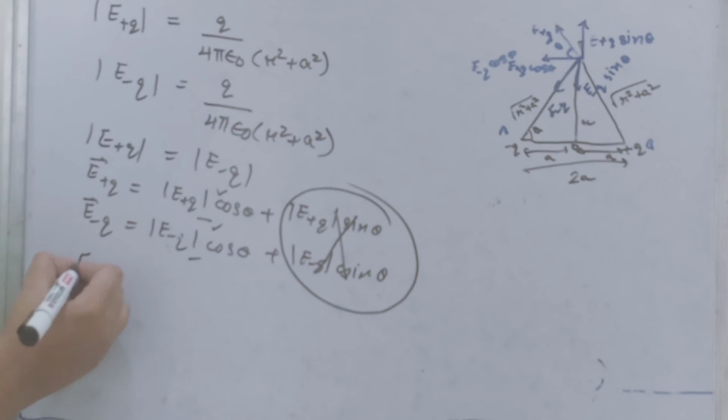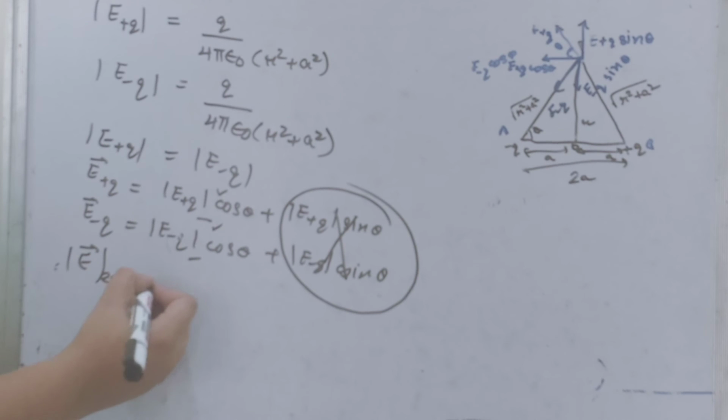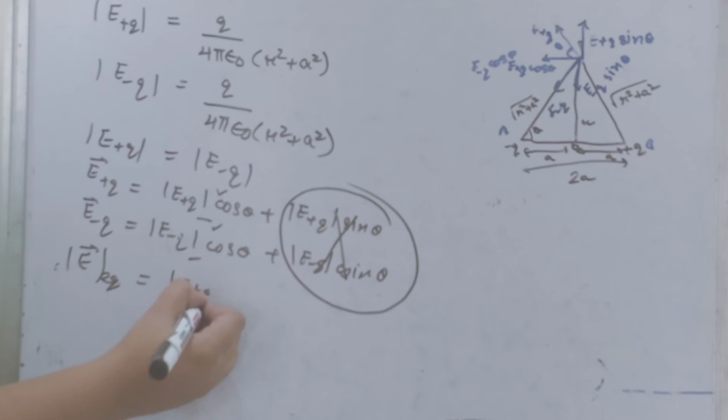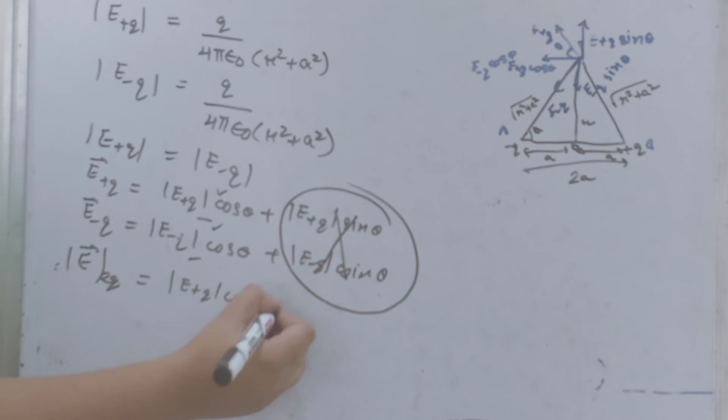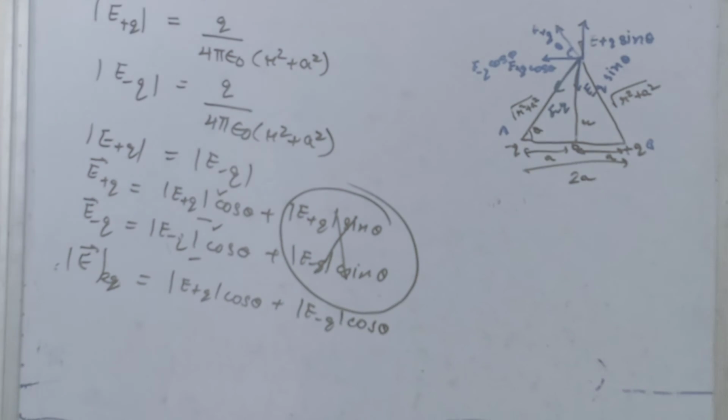Fine. So the magnitude of the equatorial electric field will be equal to E plus q cos theta plus E minus q cos theta. Fine. Now we'll put these values here and we'll find the magnitude of equatorial electric field.